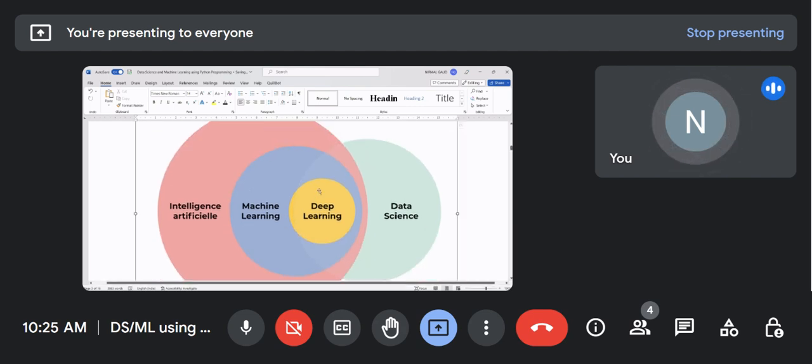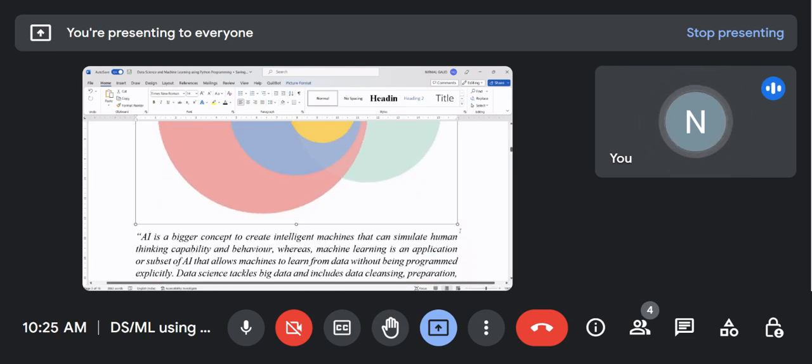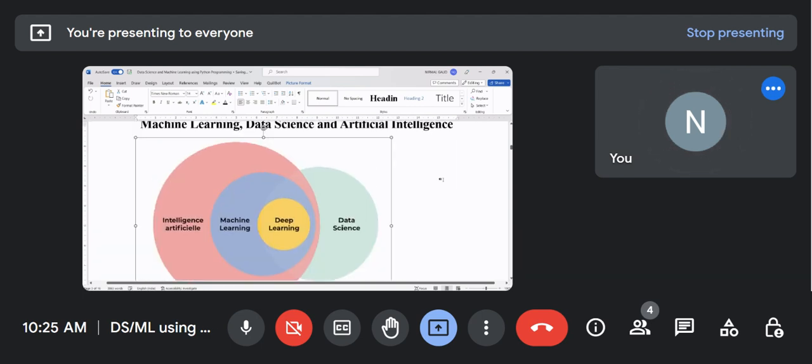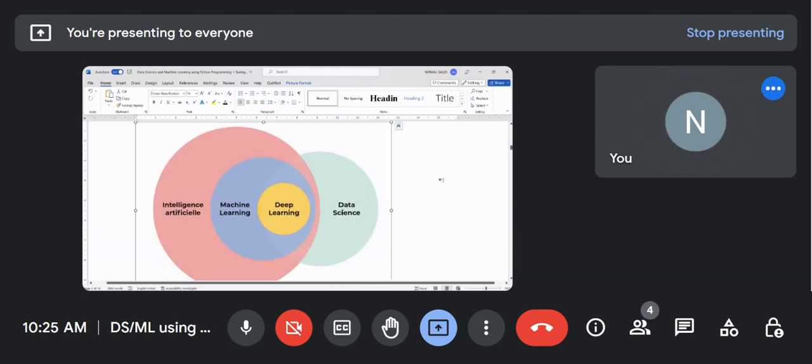See, you can check out this diagram, and in this diagram there is an overlapping of concepts. So this is your data science, and there is a big circle which is artificial intelligence. Then there's machine learning inside artificial intelligence, and there's deep learning inside machine learning.